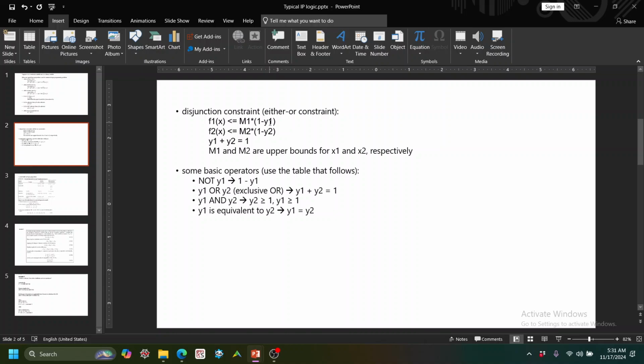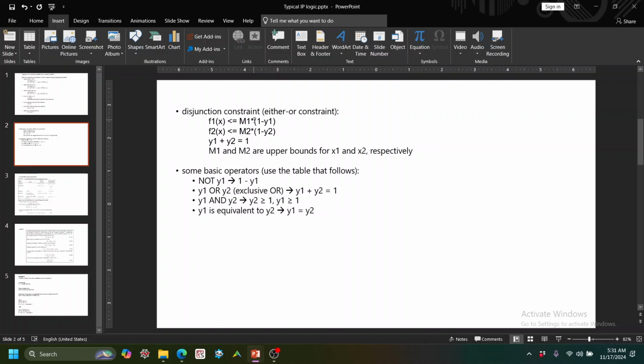And then if y1 is 0, f1 can be any number. So it's a bit like the other way around.